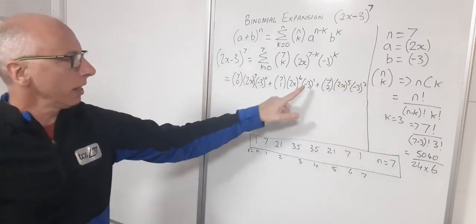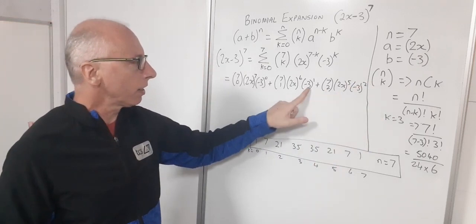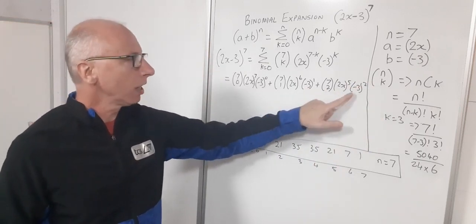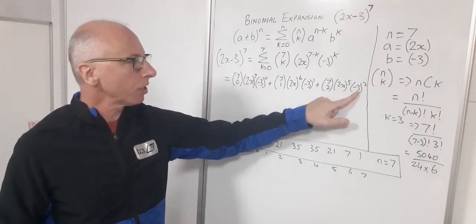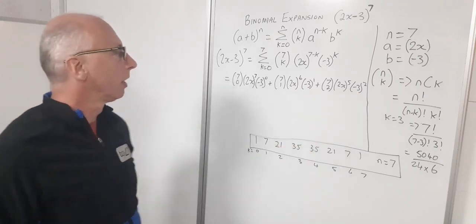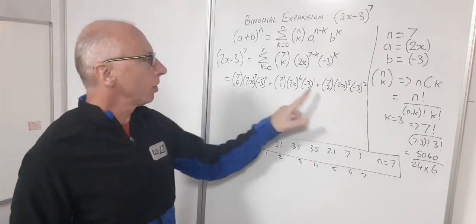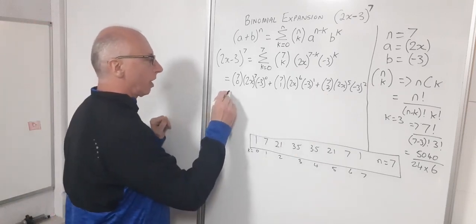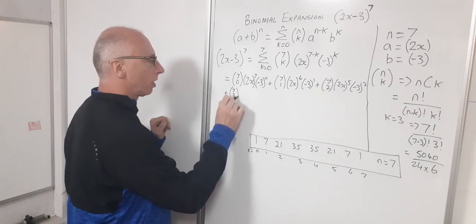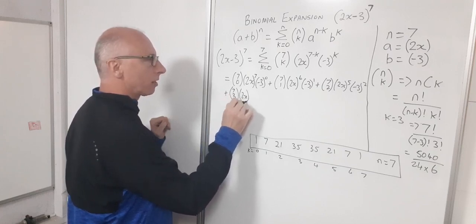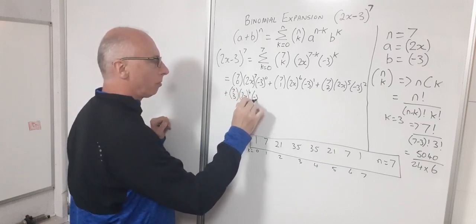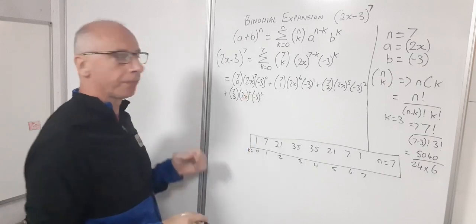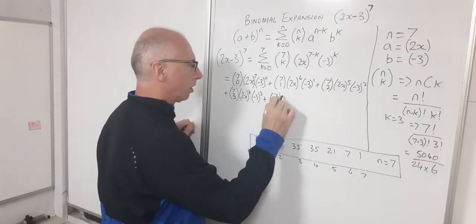You notice that these values will alternate. Minus 3 to the 1 is minus 3, while here we've got a positive value because minus 3 squared is positive 9. So that's 0, 1 and 2. Now when k is 3, we add 7 choose 3, 2x to the 4, minus 3 cubed. And we just keep going.